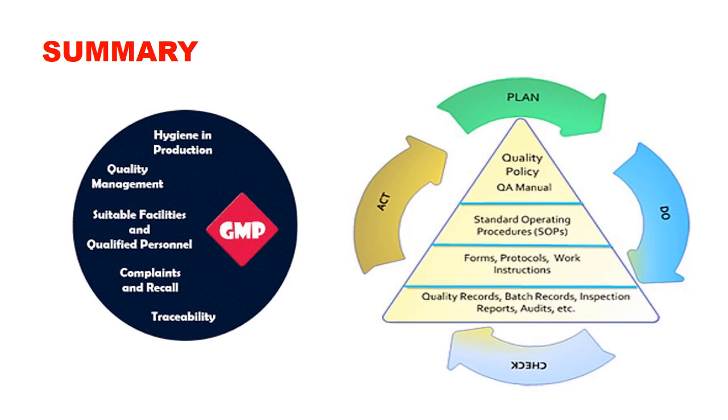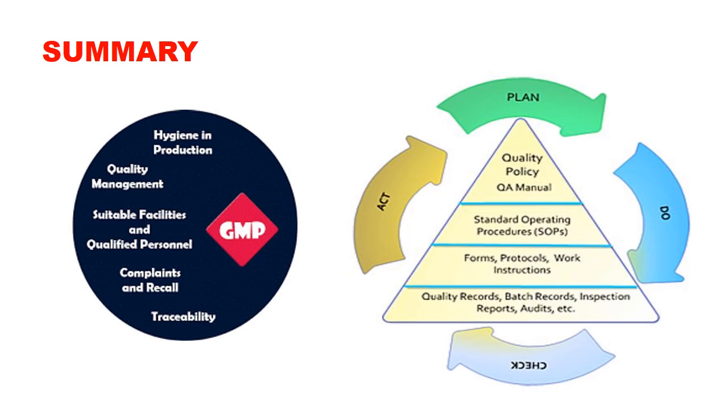Now we are at the end of today's lecture. Today we have discussed good manufacturing practices in general for food processing plants and also for dairy plants. We will just sum up here. We have discussed what GMP is, what the different components and aspects are, and some important details, particularly about the 5 P's.